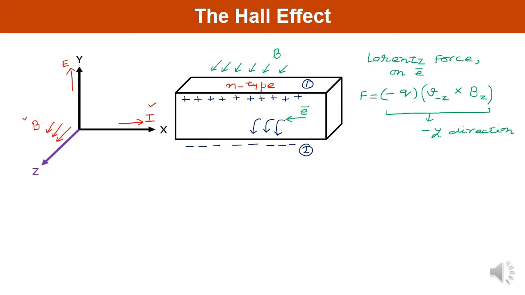The upper plate is positively charged while the lower is negatively charged.